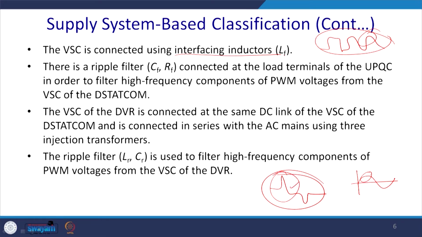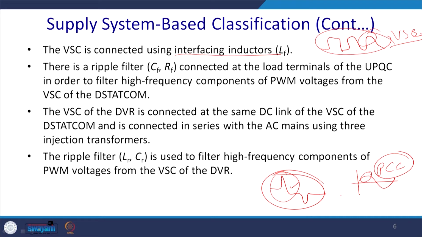So, we require an interfacing inductor, which will act as a buffer between the VSC, that is the voltage source converter, and the voltage at the point of common coupling for the shunt path, because I assume that voltage has already been injected by the DVR, and thus it is purely sinusoidal, and the current, which may be compensating the harmonics, required to be injected by the shunt part is this.